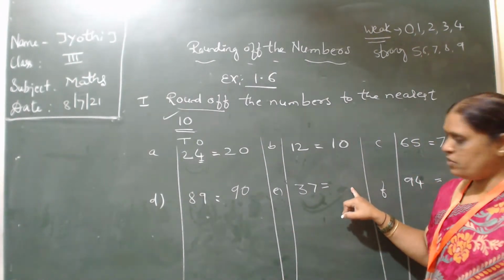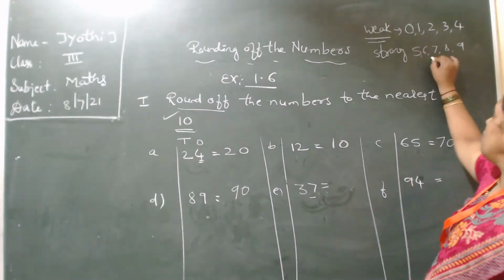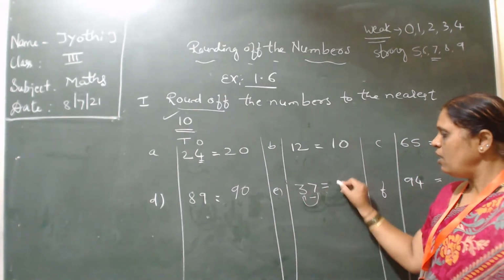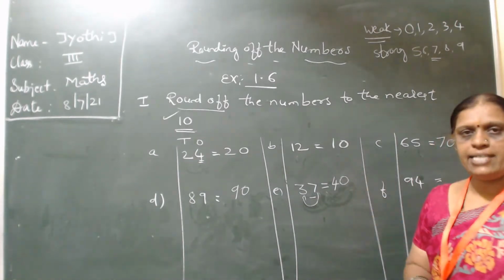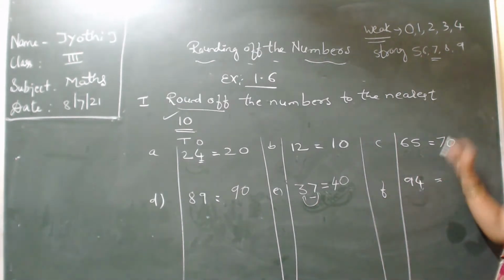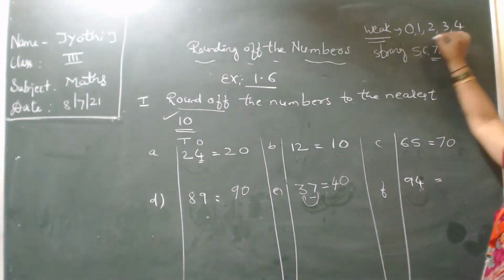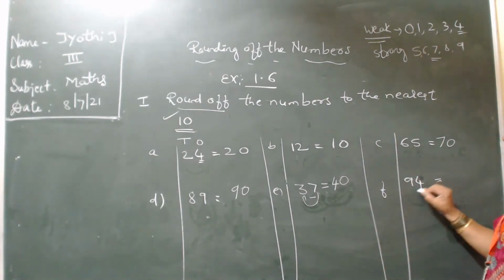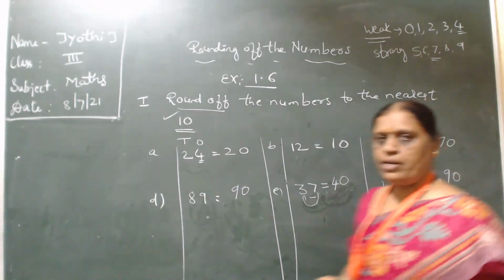We should go to the next tens because 7 comes in the strong group. So 7 pushes the 3 to 4. 3 will become 4 and the number is rounded as 40. The last one, 94. 4 is in the first group, a weak number. It does not push the number. It remains the same. So 94 will become 90.